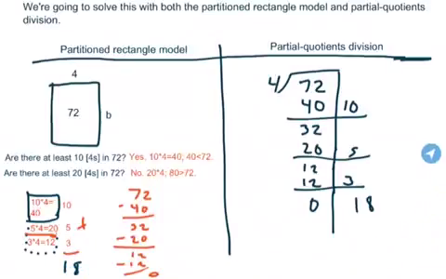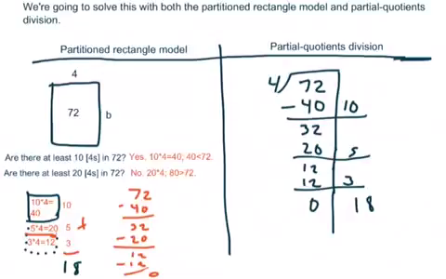Okay, let's do the same thing over here. So I've got 72, I'm dividing by 4. I say to myself, can I do 4 times 10 and still have that be less than 72? Yes, because 4 times 10 is 40. I'm going to subtract here and say 72 minus 40 is 32.